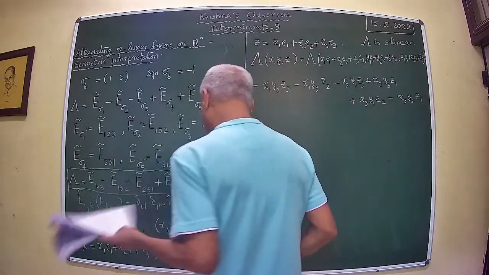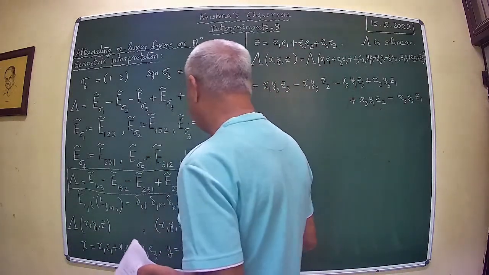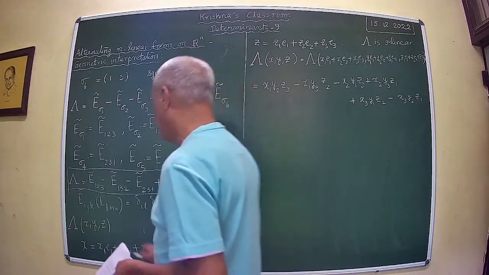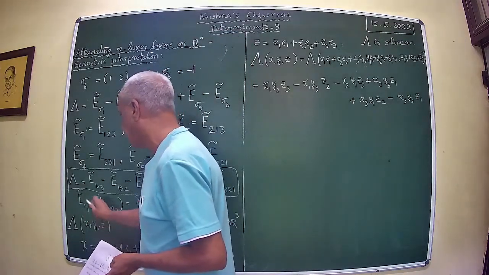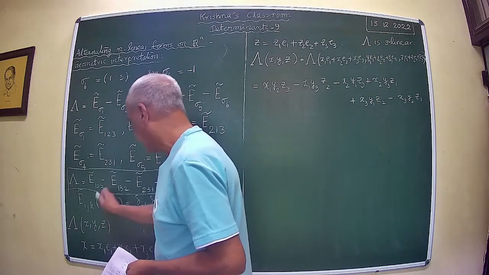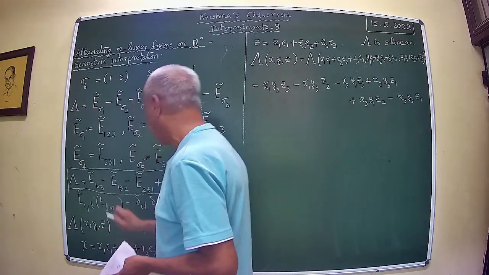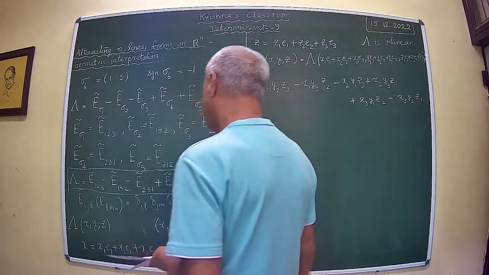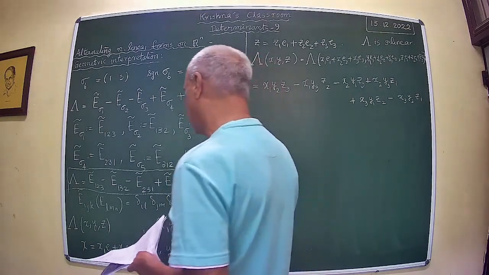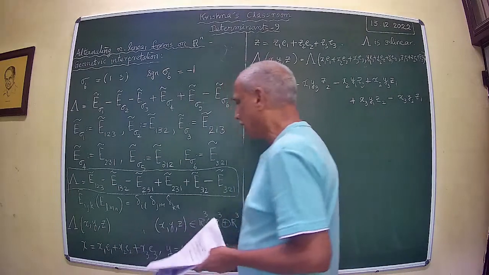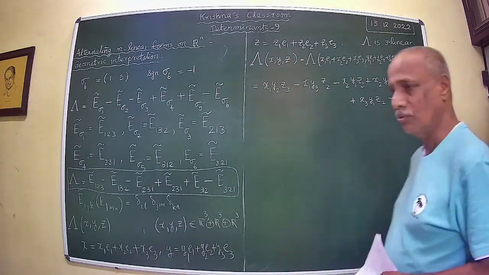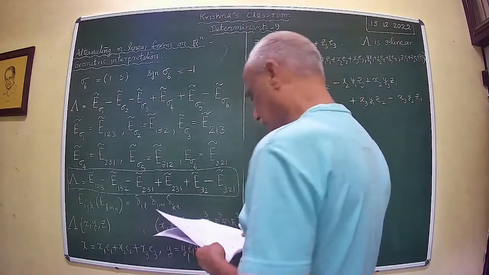Now, here you are using this property, namely that I have said somewhere. Eijk tilde acting over ELM n is given by delta IL, delta JM, delta KN. We use this property to expand the whole thing.